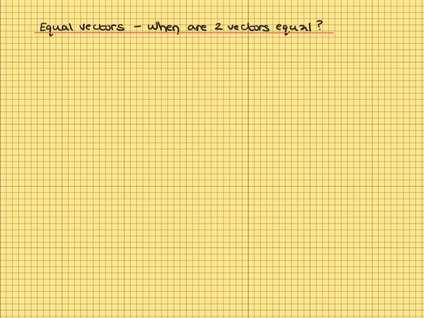So let's suppose we have a pair of vectors. I'm going to call one of the vectors a, and I'm going to call the other vector b. How would we know if the vectors a and b were actually equal to each other? Well, there are two conditions. They would have to have exactly the same magnitude and they would have to have exactly the same direction.